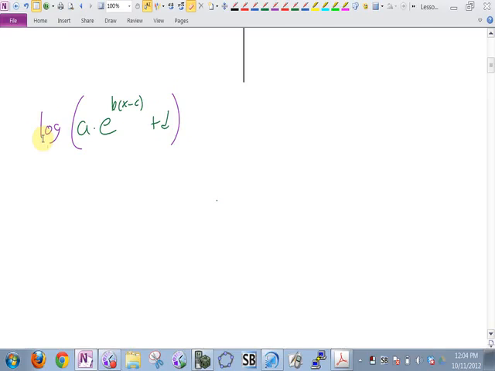Right? Well, there's a problem with that. This plus d. So I'm thinking maybe this wouldn't work if it was an exponential set of data that's been shifted up.